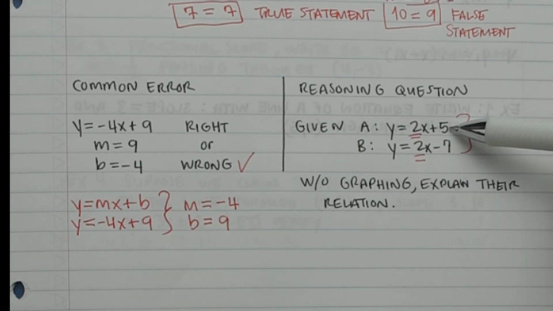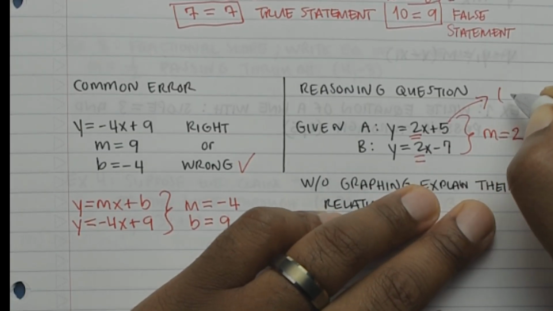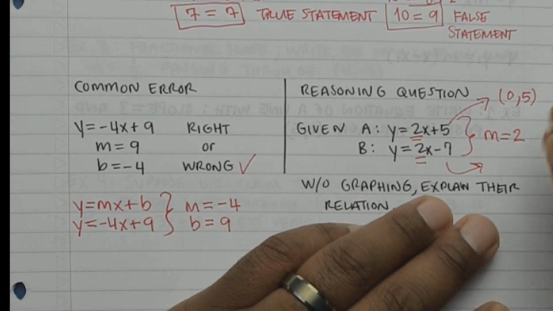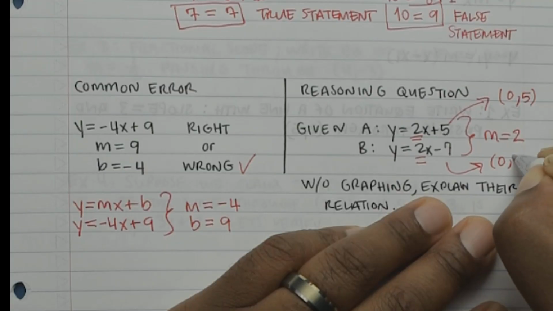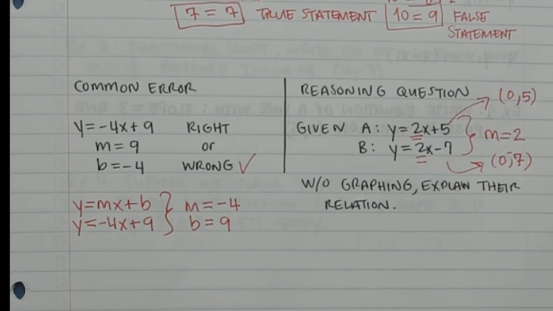Notice this one is (0, 5), and this one is (0, negative 7). So the lines have the same steepness, but they cross the y-axis at different points. Therefore, the lines would be considered parallel.